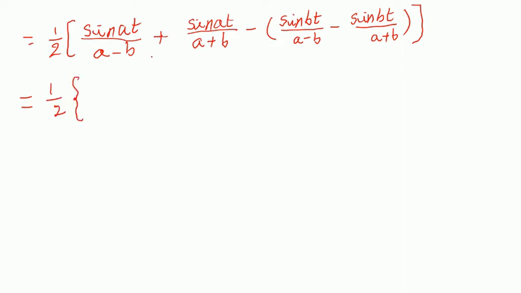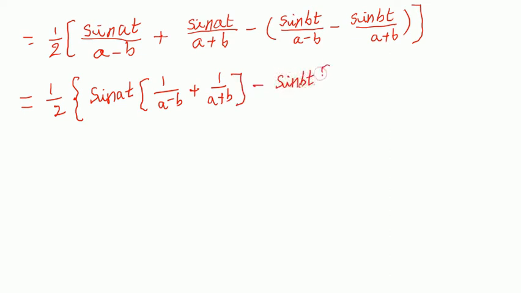So this is equal to 1 by 2 into, what is the common from these two terms? Sine at is common, then what will we get? 1 by a minus b plus 1 by a plus b, minus, from these two what is the common? Sine bt is common, then what will we get? 1 by a minus b minus 1 by a plus b, right?